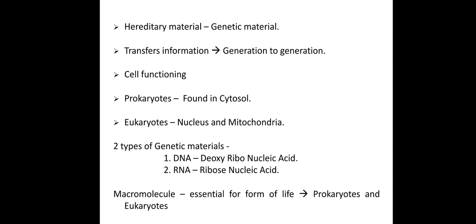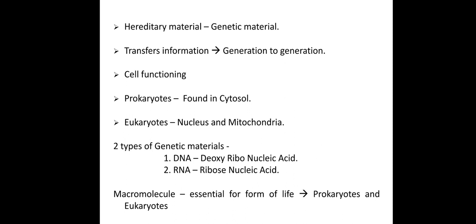Now, the DNA that is present there acts as a genetic material, we all know, because it transmits the information from one generation to another generation. This transfer of information helps in carrying out all the basic things that are specific to a particular species.